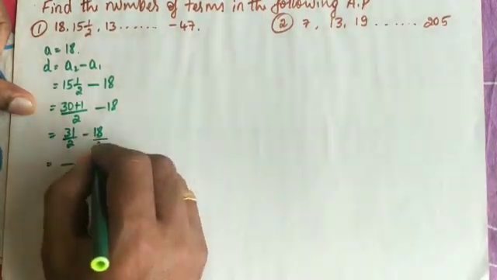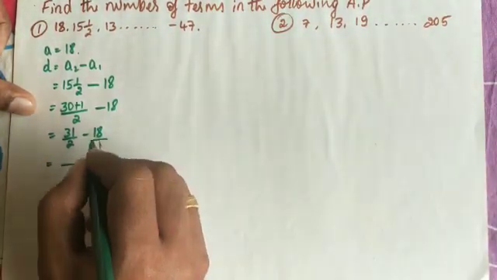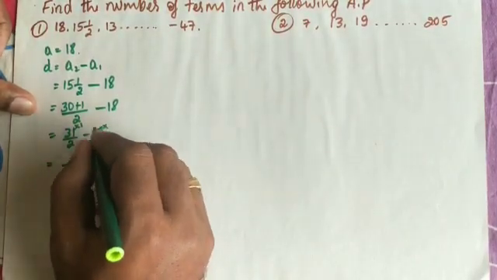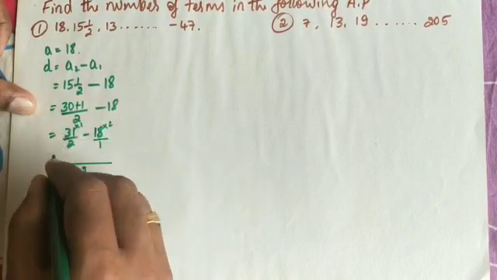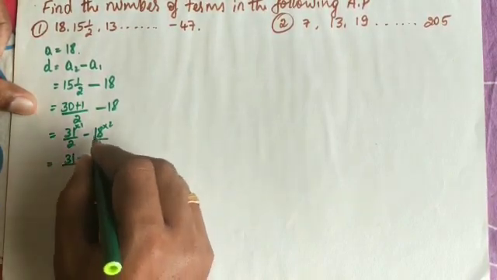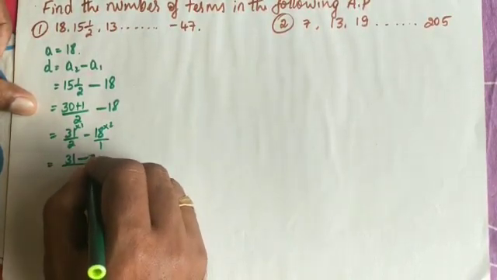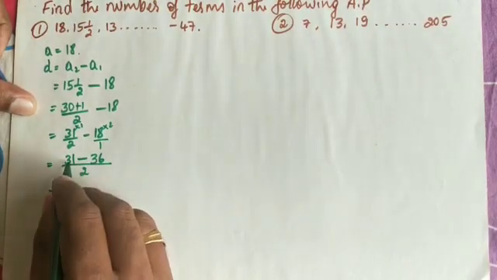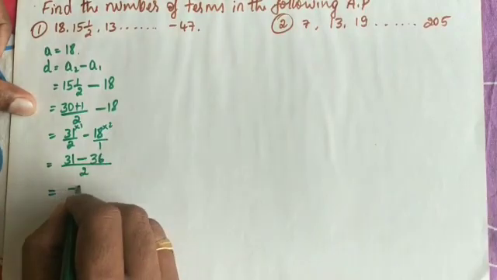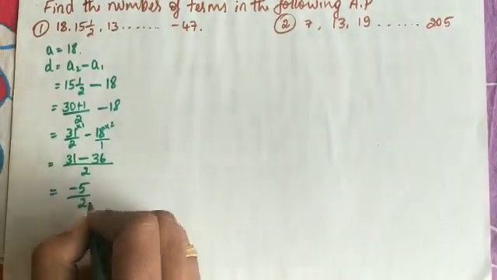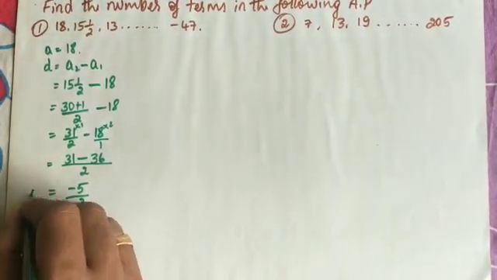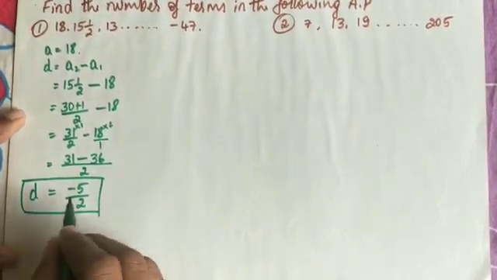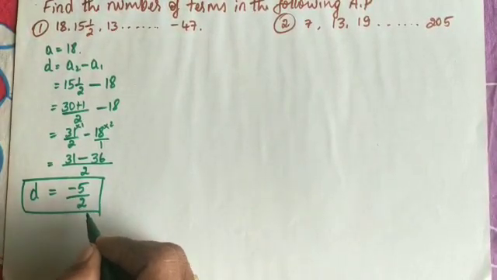So we multiply 31 with 1, and 18 with 2: 31 ones are 31 minus 18 2s are 36. So we get 31 minus 36, which means minus 5 by 2. This is the d. The d we got here is d equal to minus 5 by 2.